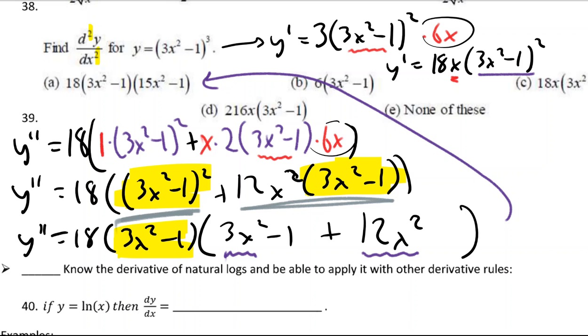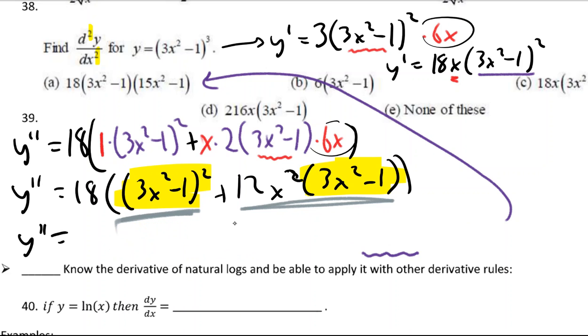Yeah. Could you go over again how you got the GCF out of that 12x squared to the derivative? Sure. So really, I've got two terms here. Terms are things that are being added or subtracted. So I can just see that they both have a 3x squared minus 1. So since they both have that in common, I can pull that out front.